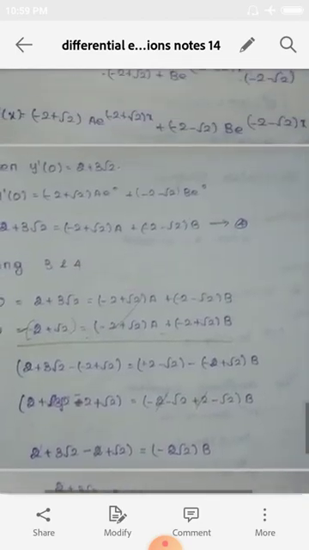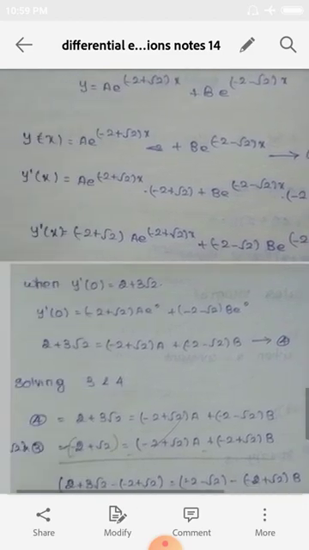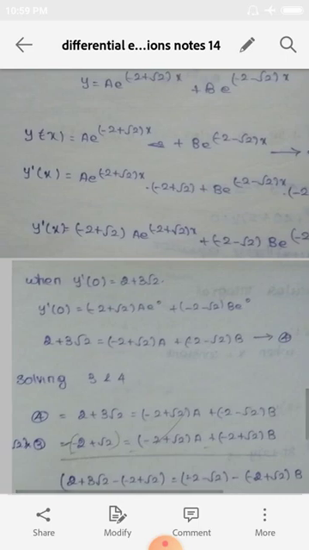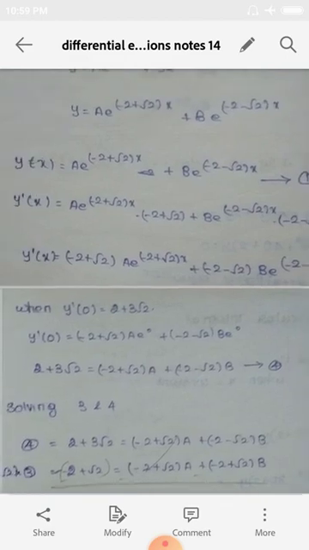Okay. So in this problem, after finding equation number 1 and 2, find equation number 3. So what is equation number 3? We have to put x is equal to 0 in the first equation. When we put x is equal to 0 in the first equation, what do we get? y of 0 is equal to minus 1.